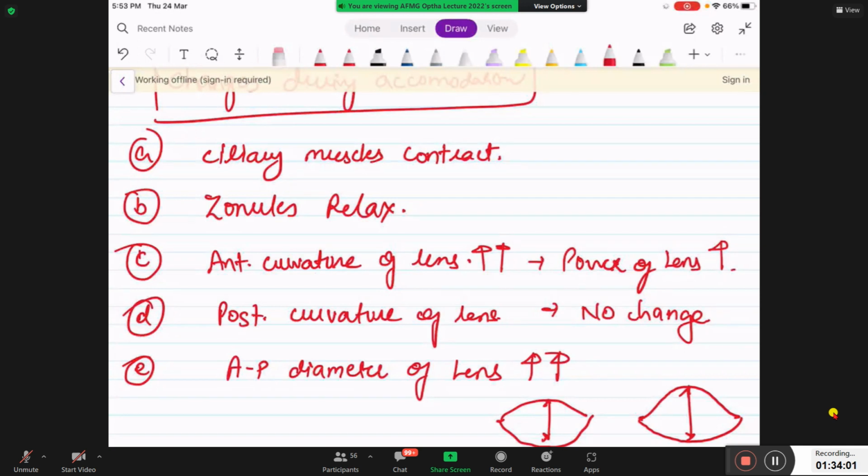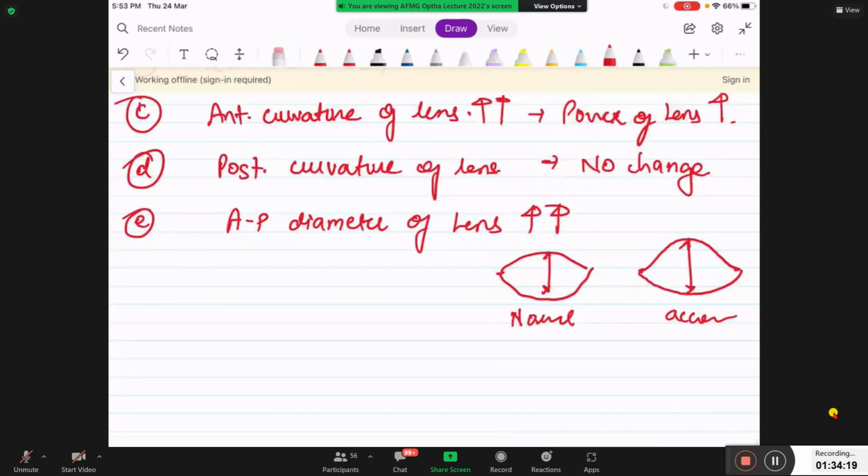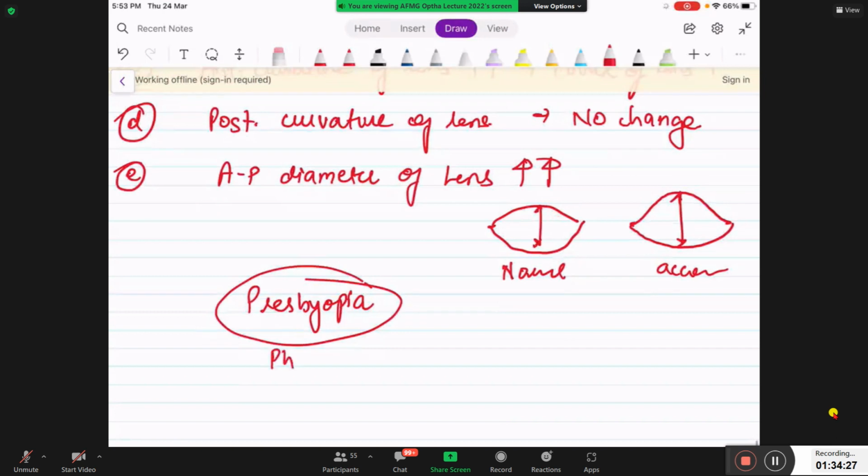So our ability to focus on near objects decreases as we approach 40 years. That insufficiency of accommodation is called presbyopia. Write down, what is presbyopia? It is a physiological insufficiency.